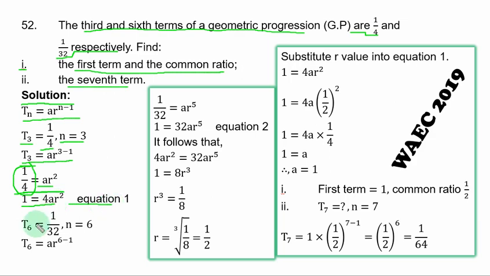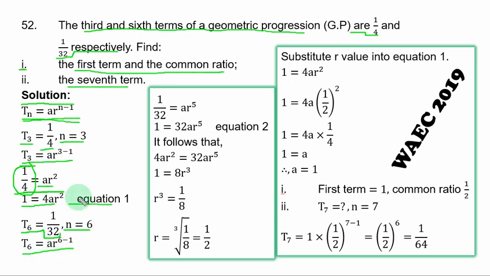In the same question, the sixth term t sub 6 is equal to 1/32. At that point, n is equal to 6. You replace n by 6 in the same nth term formula, you have this result.